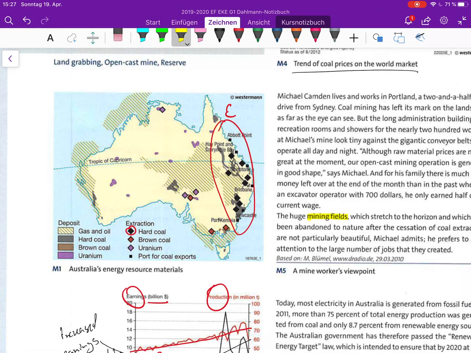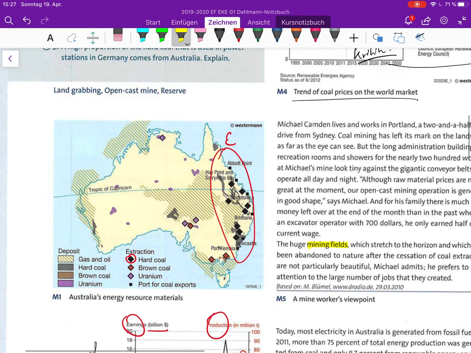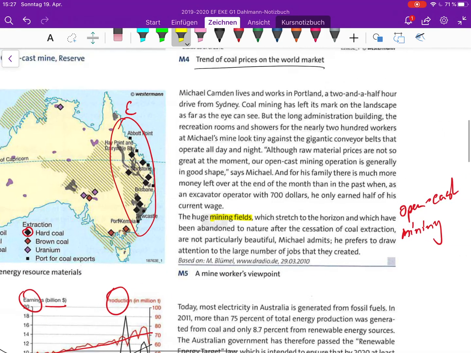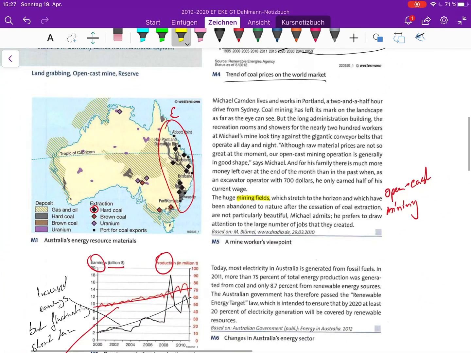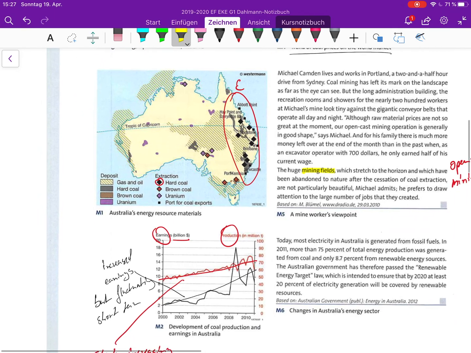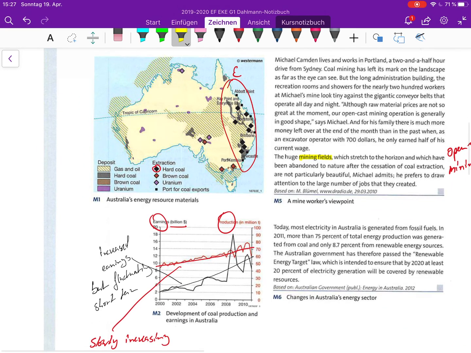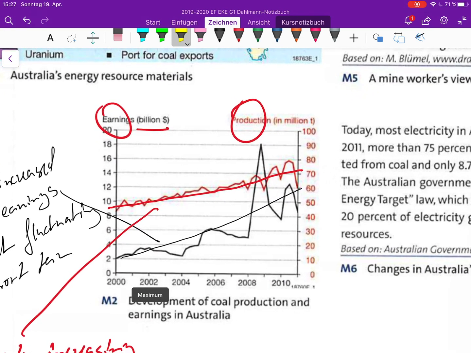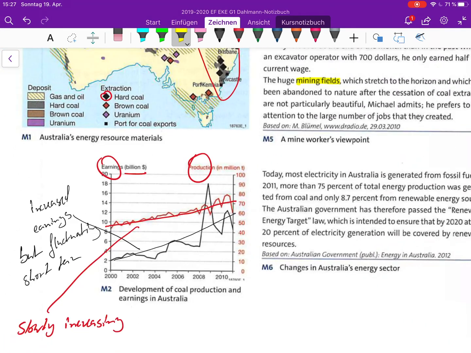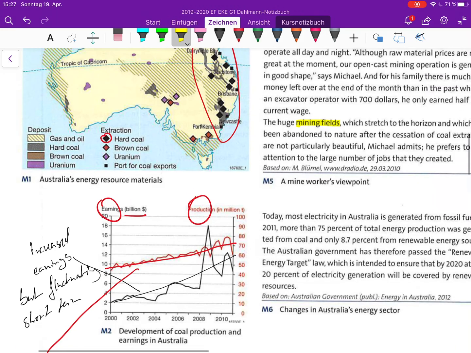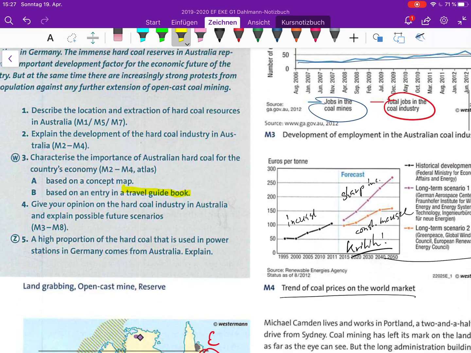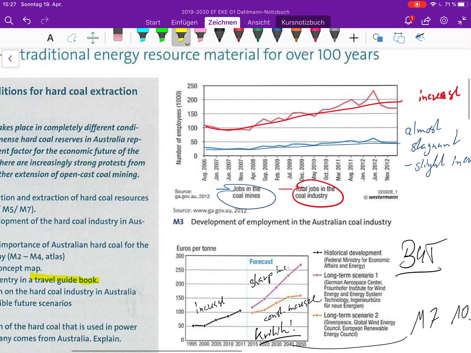At the east coast of Australia, hard coal is very abundant and a big job giver for a lot of people. The extraction has increased over the years from 2000 to 2010 quite a bit, and the production has increased and the earnings have increased. Therefore, it illustrates the importance for the economy.